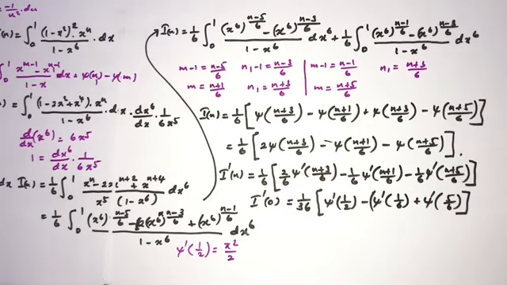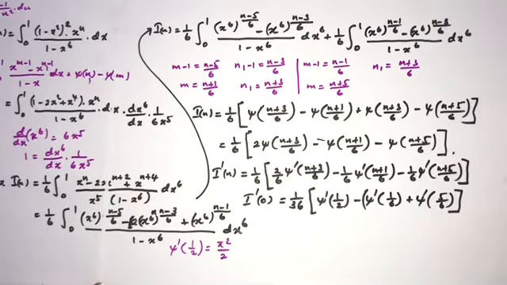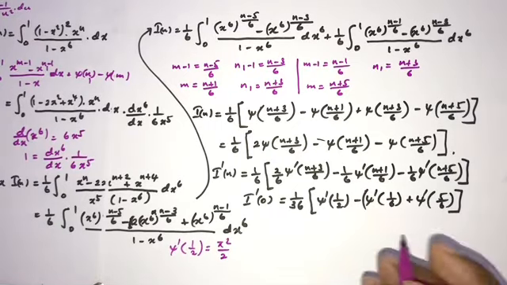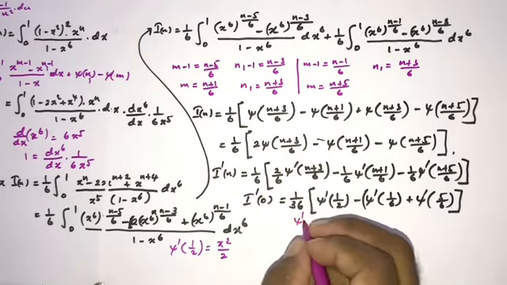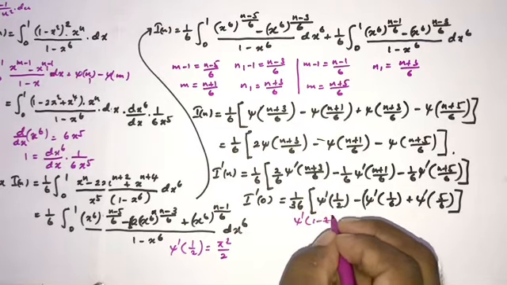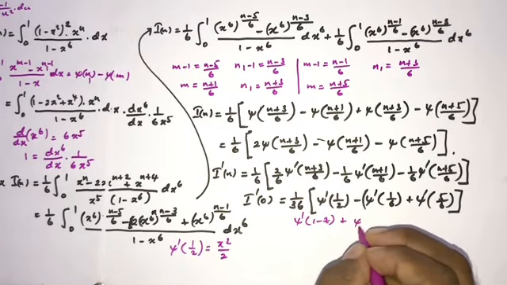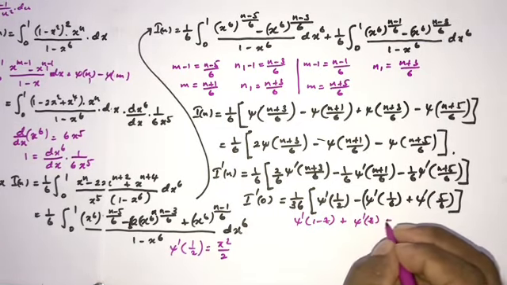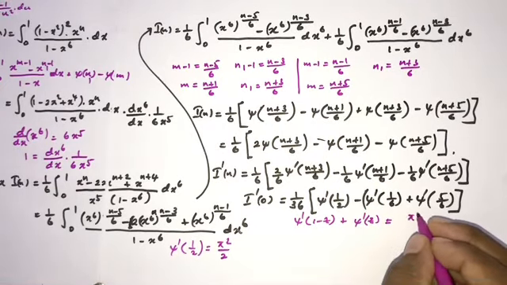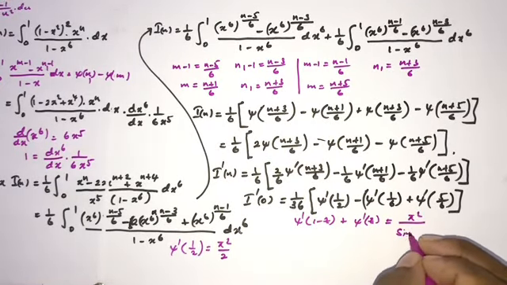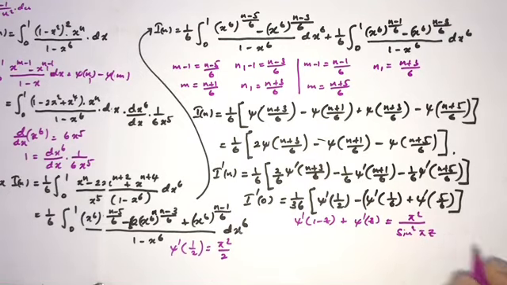Okay, now we can use the reflection formula of the trigamma function. So this is the reflection formula. Trigamma of 1 minus c plus trigamma of c is equal to pi square over sine square of pi c.